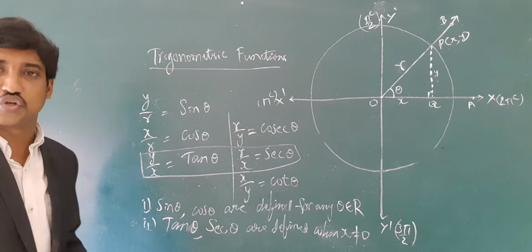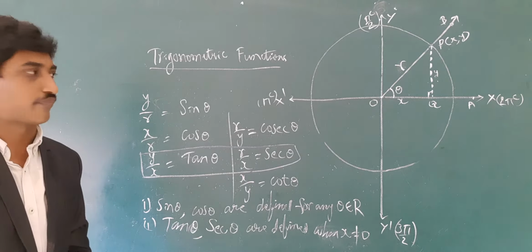When x becomes 0, if Q coincides with O, then x is 0. When the terminal side coincides with the y-axis, then Q coincides with O and x becomes 0.